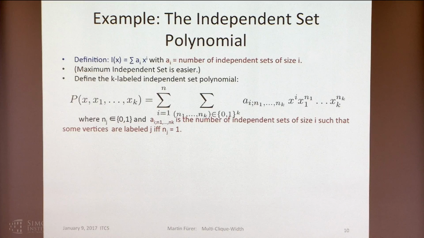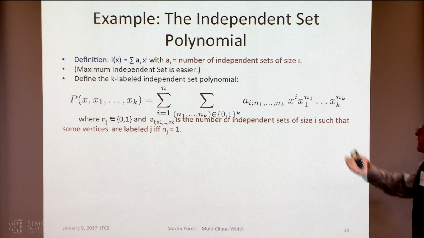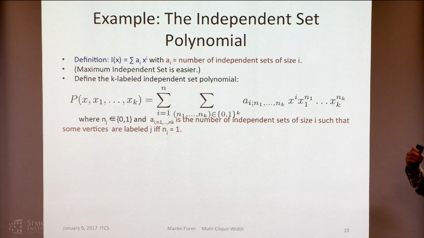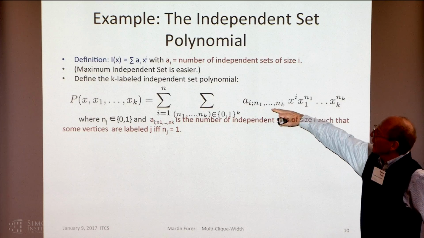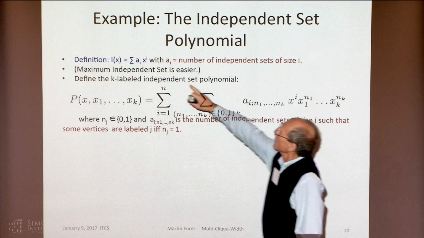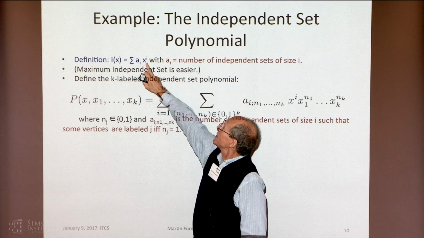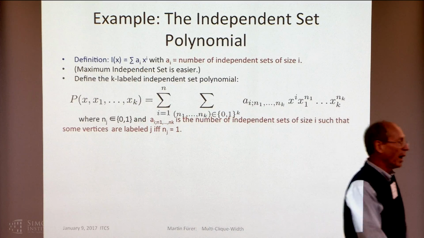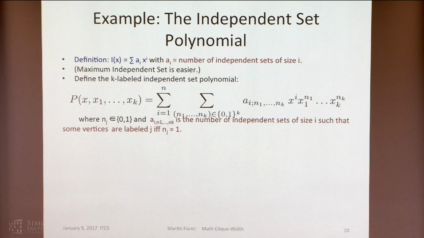It is a bit more general, and namely, here I even count the number of independent sets of each size. And one can easily express these numbers if one looks at this independent set polynomial, where the coefficient of x to the I is just the number of independent sets of size I.